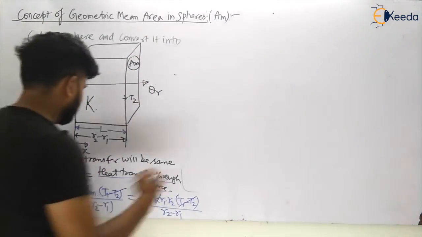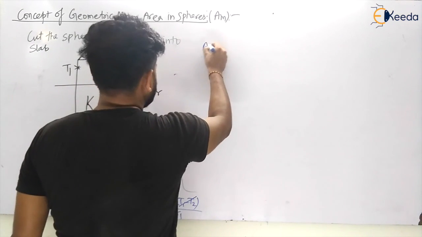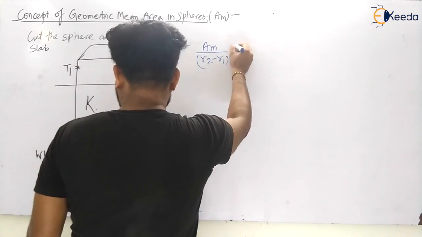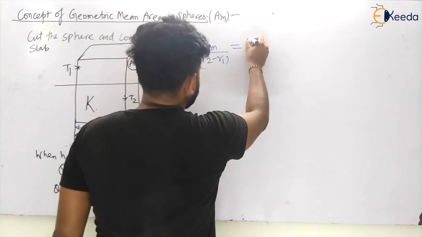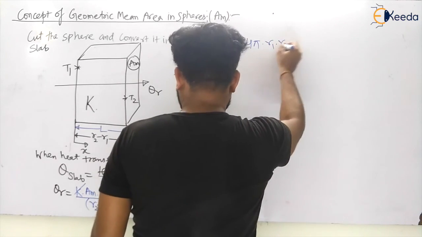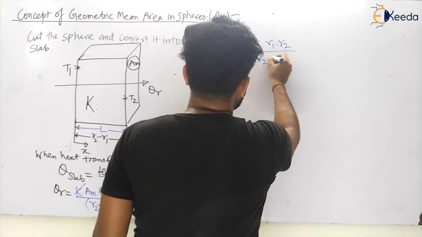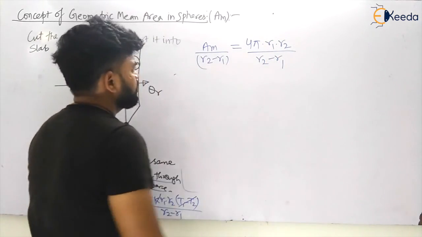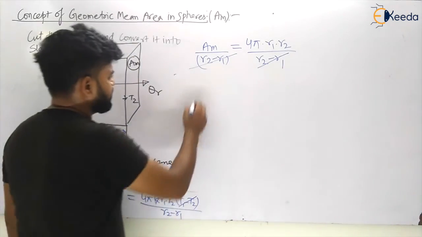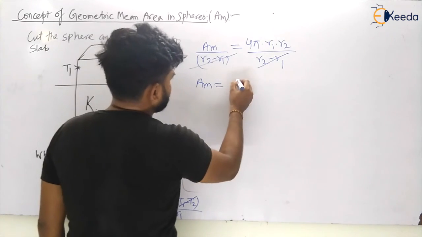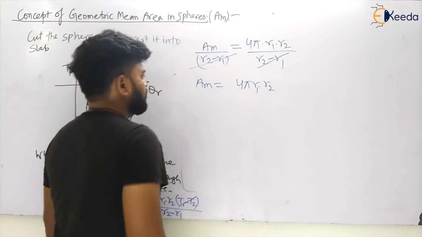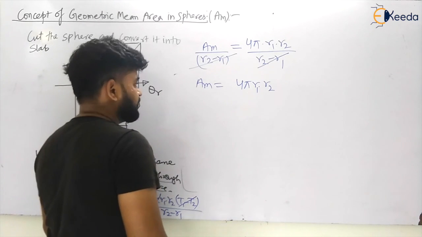Let us see how. So this will be AM into R2 minus R1 is equal to 4 pi R1 R2 divided by R2 minus R1. Okay. So this can be cancelled. So the AM will become equal to how much? AM will be equal to 4 pi R1 R2. Okay. So can I write this in terms of A1 and A2?